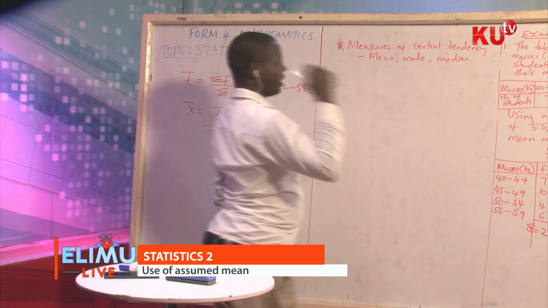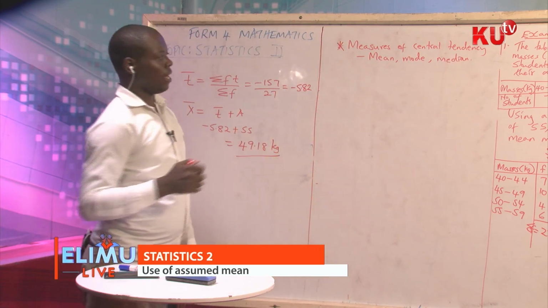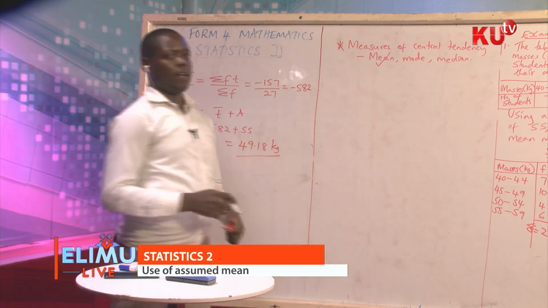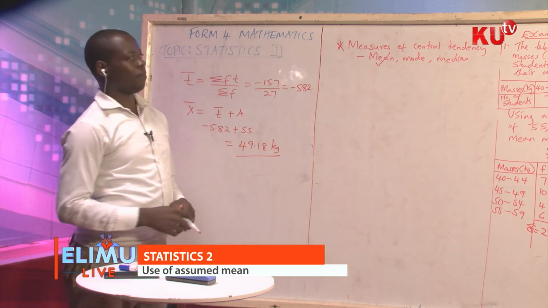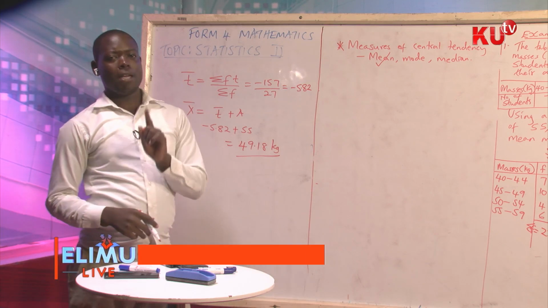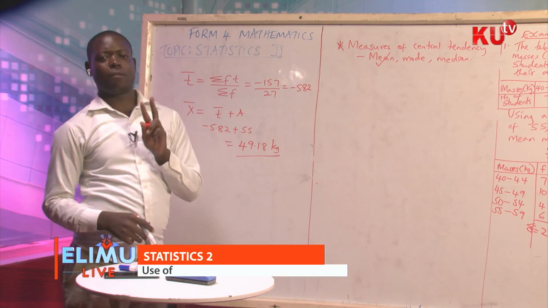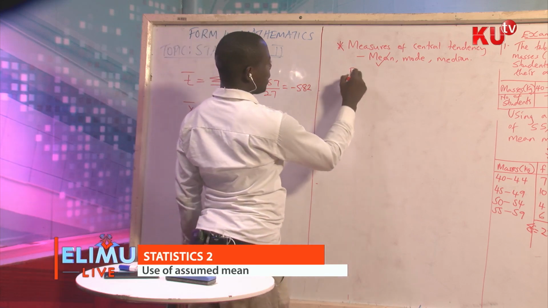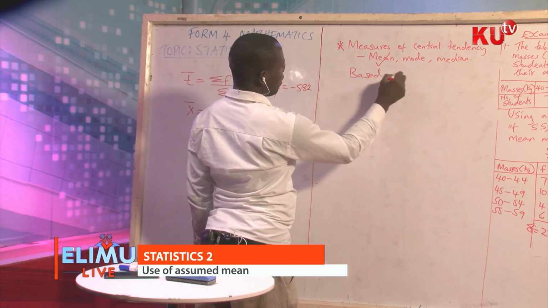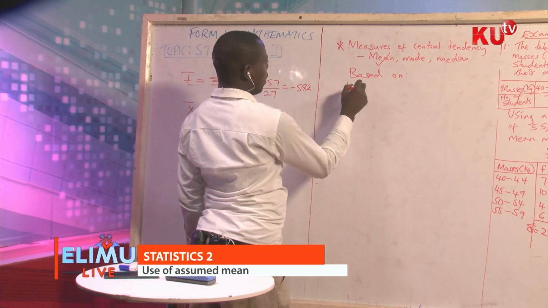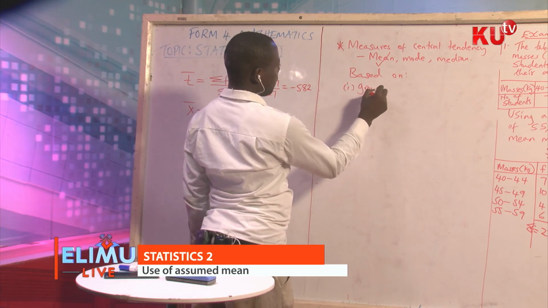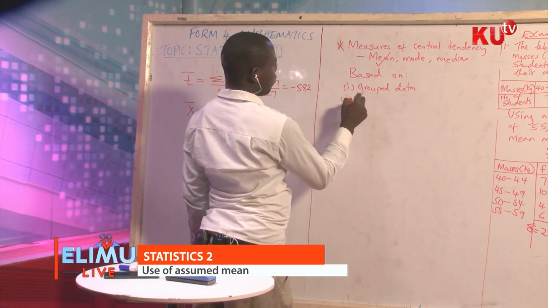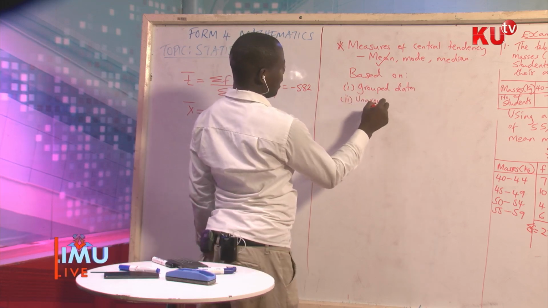But in this case, we have discussed the mean. We've discussed the mean based on two sets of data: number one, grouped data, and number two, ungrouped data.